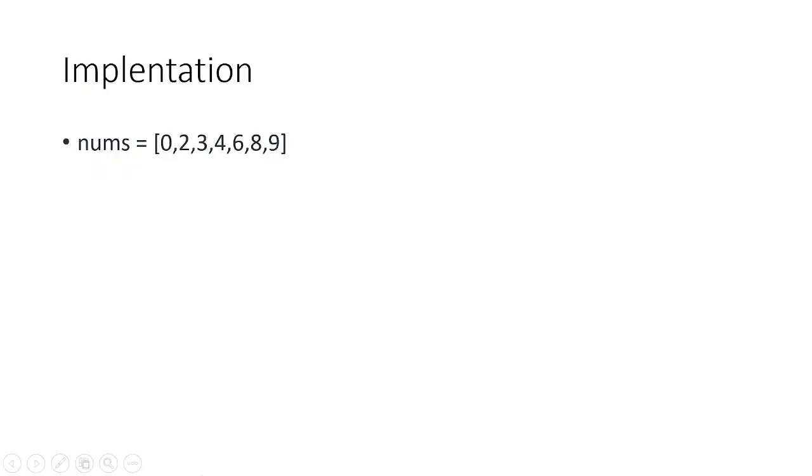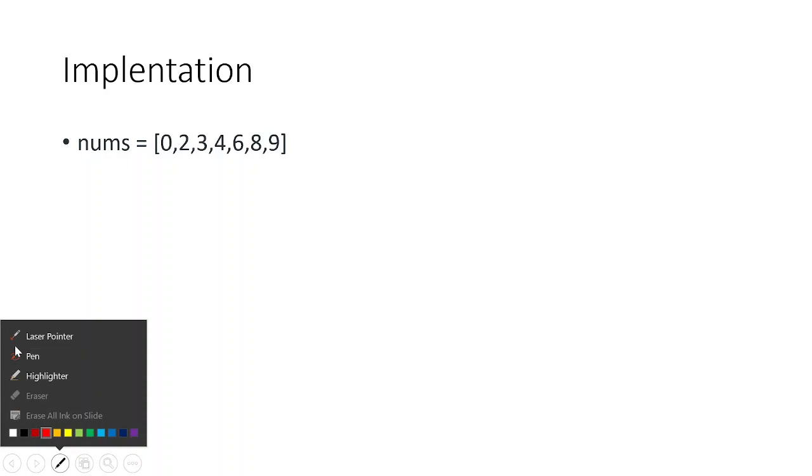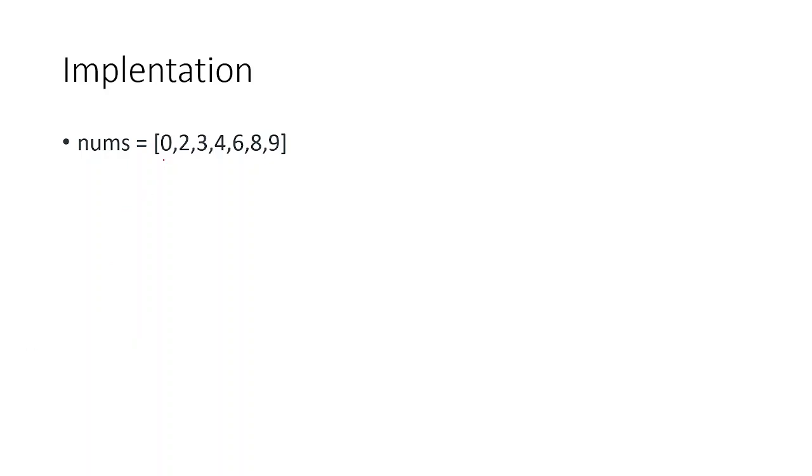So basically in this example, as you can see, after 0 there is no 1, right? If there was 1 in between, we could say that 0 to 4 could be a range, because 1, 2, 3, and 4 would all be present.